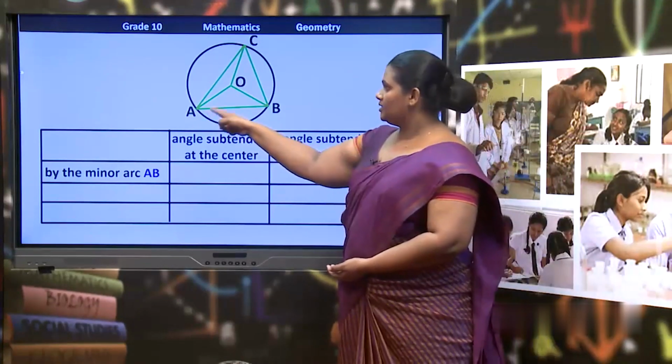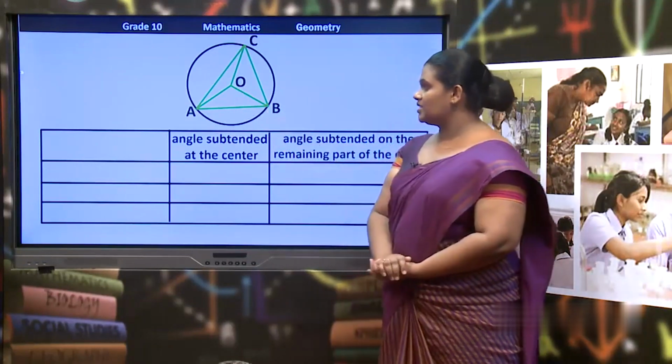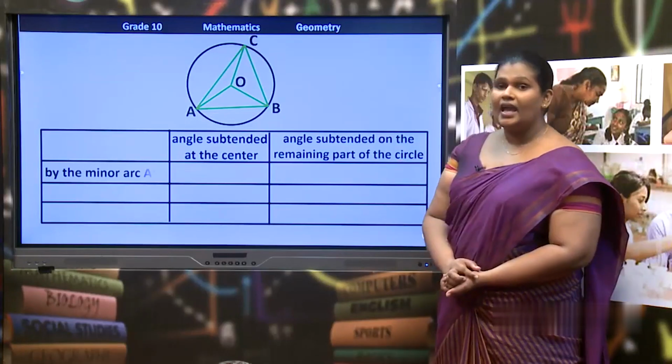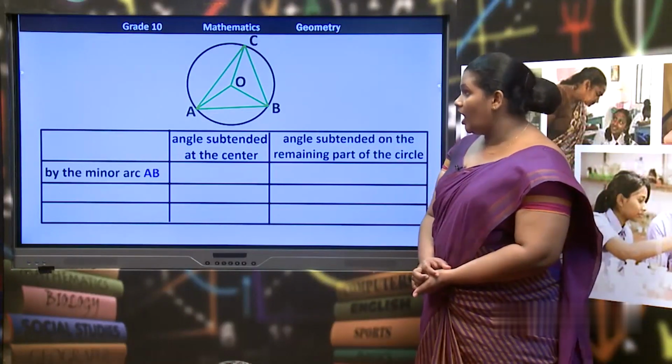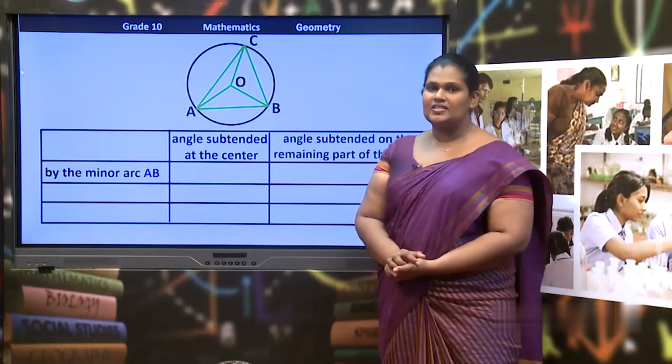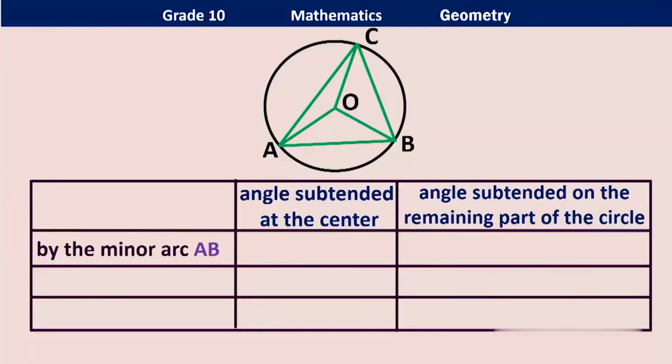Here. This is the angle subtended at the center by the minor arc AB, that is angle AOB, and this angle is less than 180 degrees. So, we can say the angle subtended at the center by the minor arc AB is angle AOB.